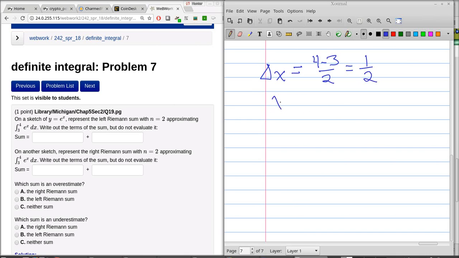And what is x1? It's going to be a left Riemann sum, so we need x0 and x1. So x0 is just a, which in this case is 3. And x1 is going to be a plus delta x, which is 3 plus 1/2, which is 7 over 2.